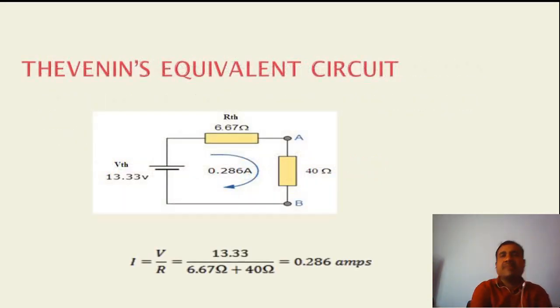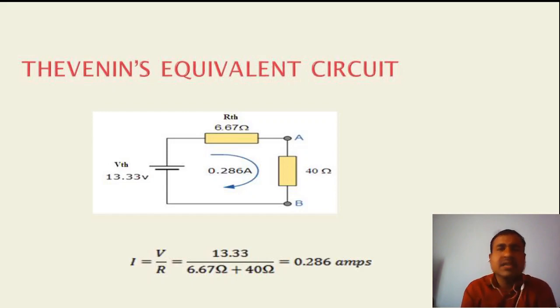So this is the Thevenin's equivalent circuit consisting of VTH, 13.33 volts, and RTH, 6.67 ohms, and we have connected back the load resistance, 40 ohms, which we removed in the first step.